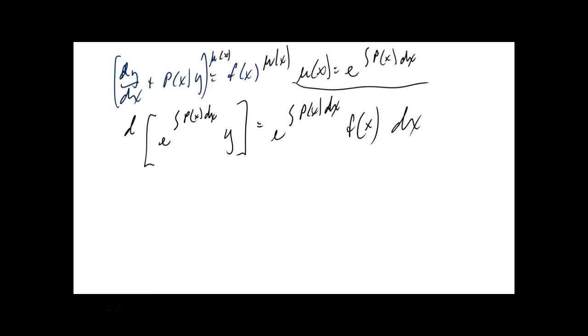If you integrate both sides, this obviously becomes e to the integral of p of x dx times y, because that's just the differential. You integrate the differential, you get what's left. And if you integrate this, which has an integral of an integral, you introduce the c here, because when you integrate that, you get a c.